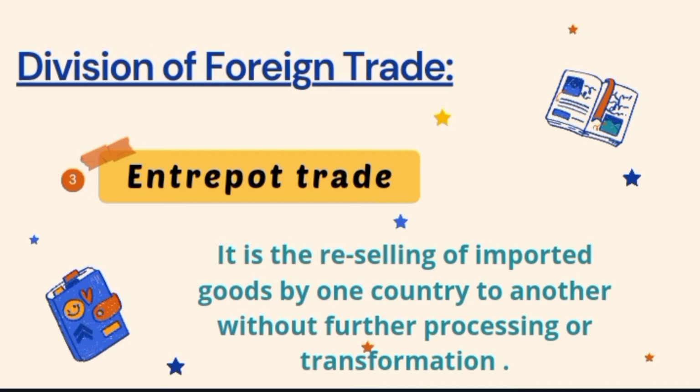For example, when Nigeria buys goods from Ghana and takes those goods to Togo or to Cameroon, it is known as intraport trade. So these are the divisions of the foreign trade.